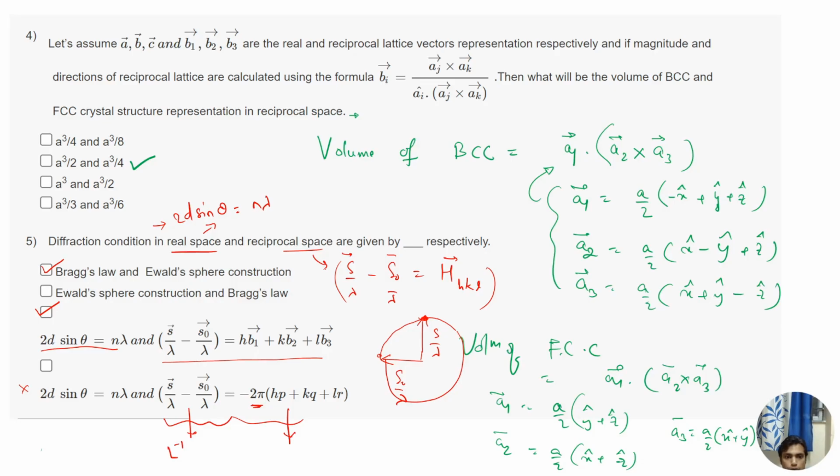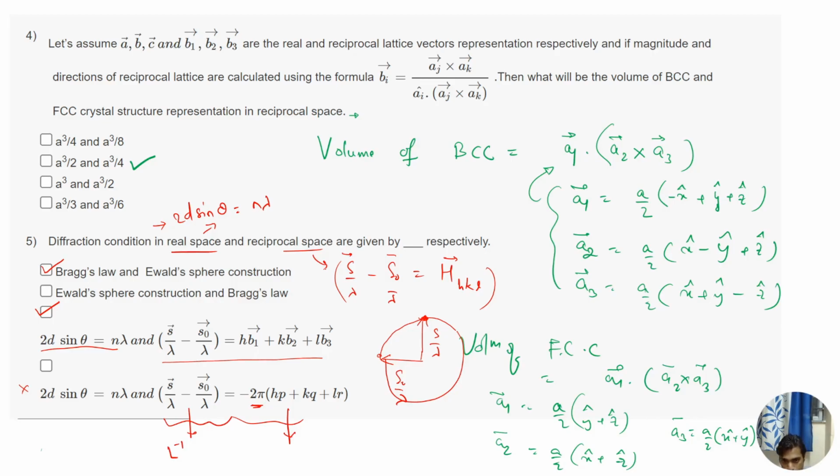What will be the volume in the reciprocal space? How do you find that? It is just A1 dot A2 cross A3, and we have seen what A1, A2, and A3 are. You just have to put the formula, get the answer. That's what we have discussed.